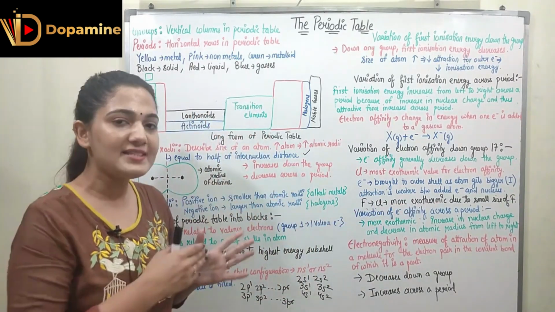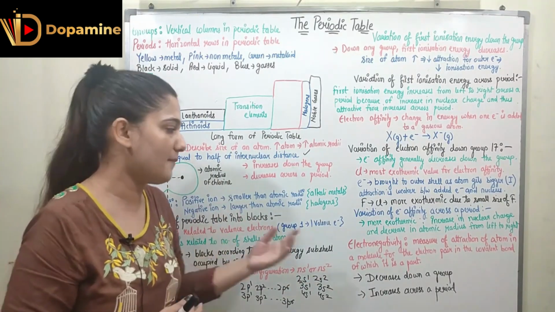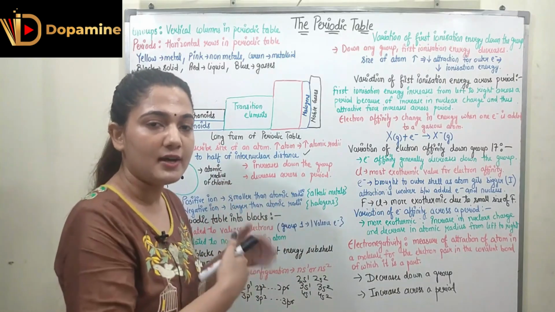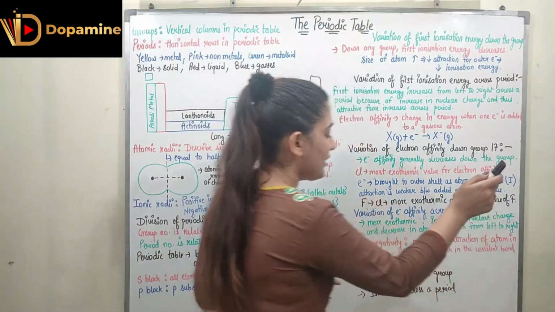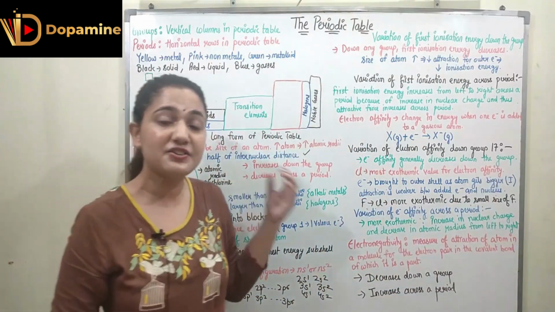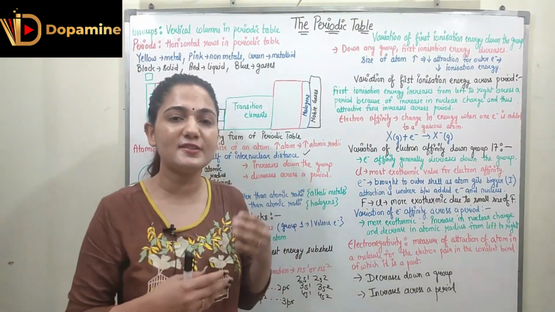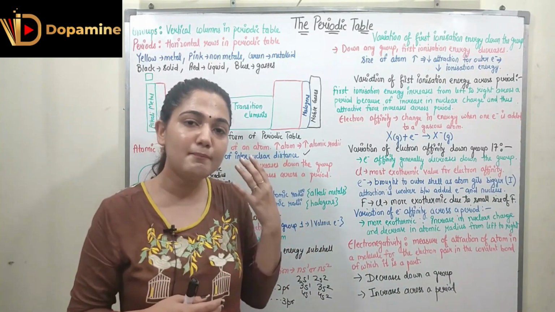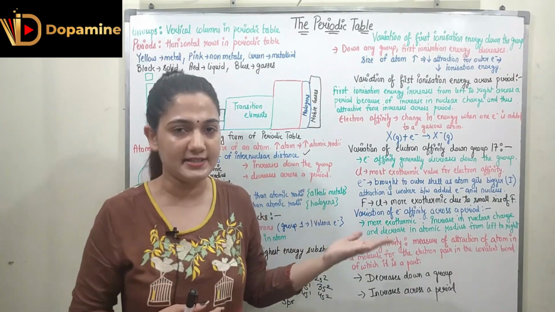If I see across a period, the electron affinity becomes more exothermic. So if I move right, the reaction would be more exothermic. Why? We have an increase in the nuclear charge and a decrease in the atomic radius from left to right. So if I put any electron in this atom, there will be a bigger change in the energy if I move to the right side, right?